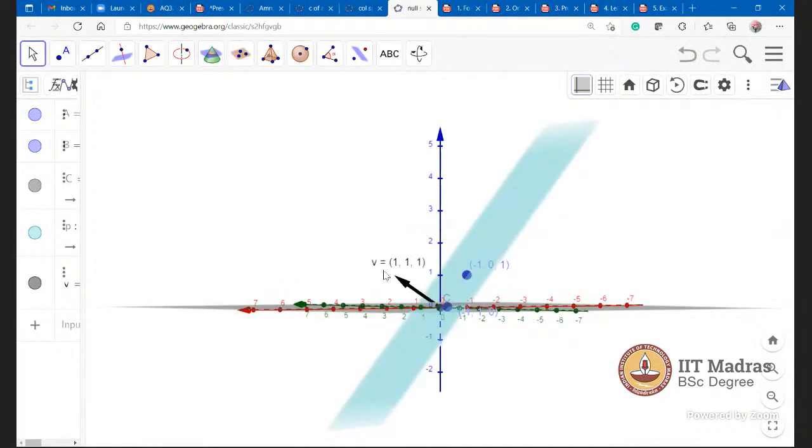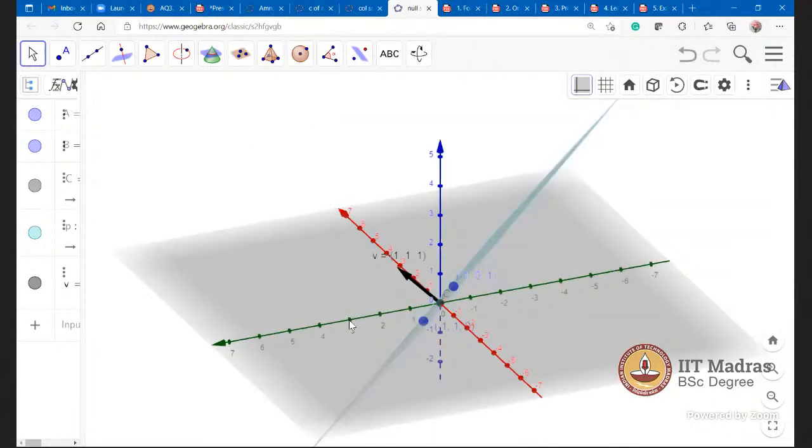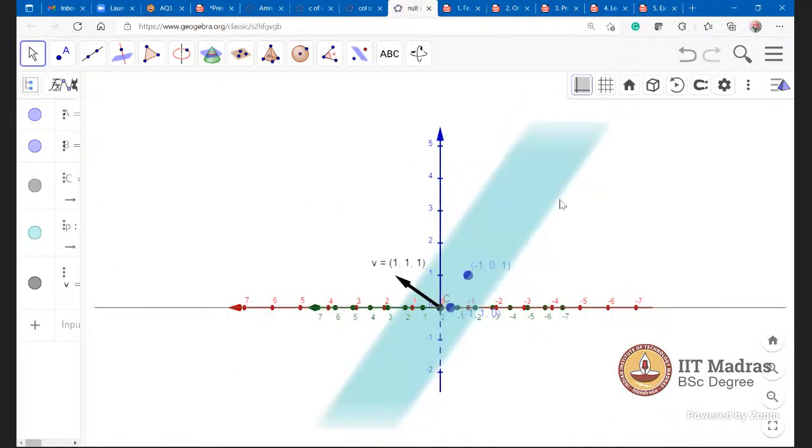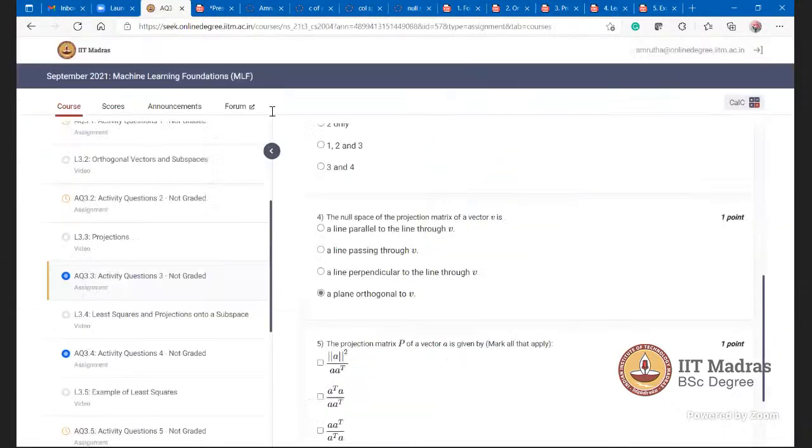When you plot the vector V, this vector is orthogonal to this plane. So the null space of the projection matrix of this vector is a plane which is orthogonal to V. So this is our answer: a plane orthogonal to V. This is how we obtain this plane orthogonal to V.